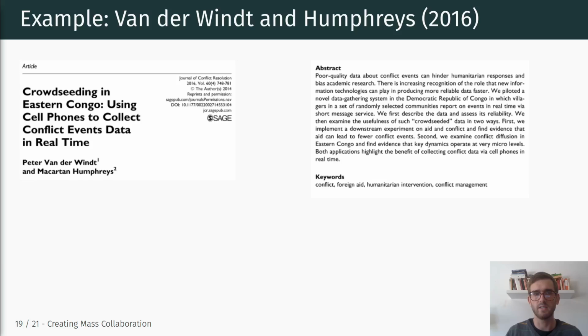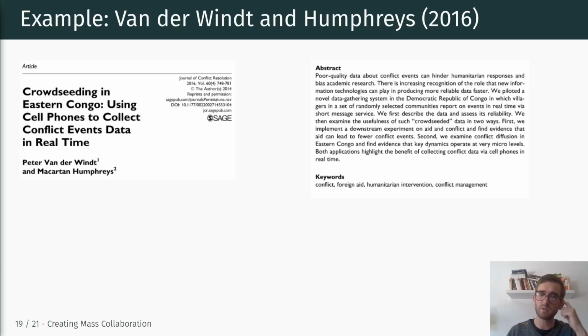I posted the abstract here, which describes how they piloted a new data gathering system in the Democratic Republic of Congo, where villagers in a set of randomly selected communities report on events in real time via a short text message service.